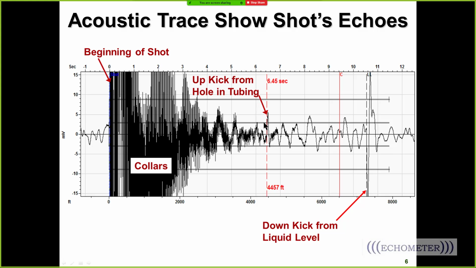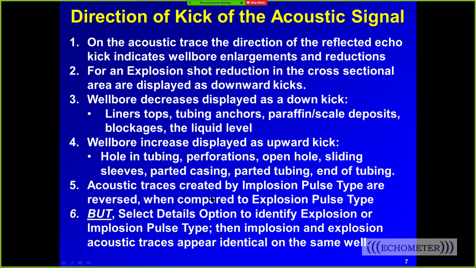There shouldn't be any production at surface if that's a hole in the tubing, because that means there's liquid on the inside of the tubing and gas on the outside, and we could shoot down the casing and see this upkick. All right, so that's an example of a shot showing a hole in the tubing.